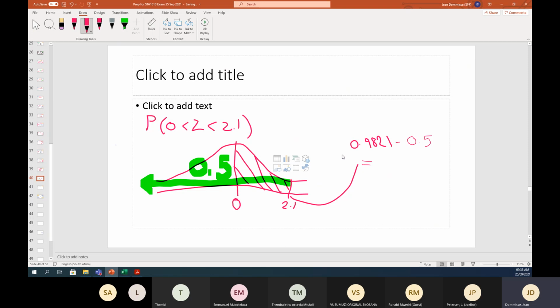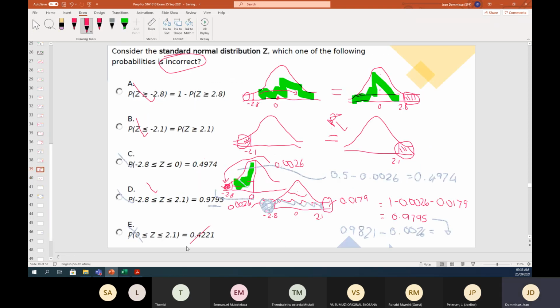So it is 0.9821 minus 0.5, which gives us 0.4821, which was wrong. Okay, so we needed 0.4821 and not 0.4221.